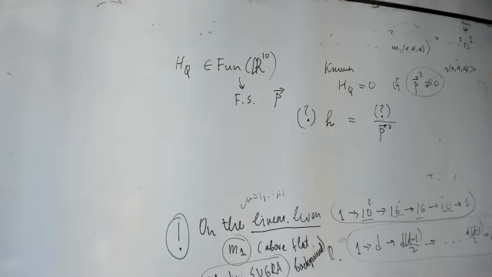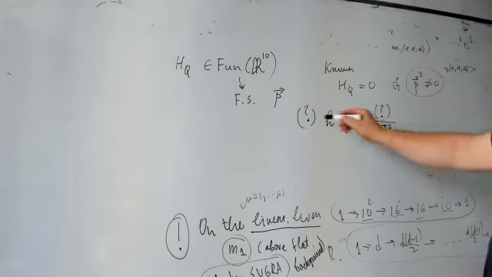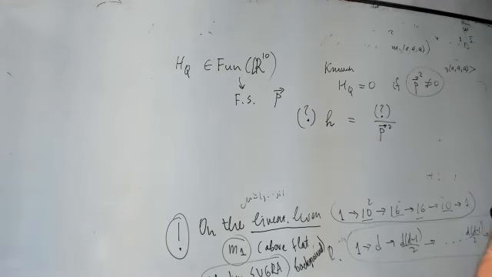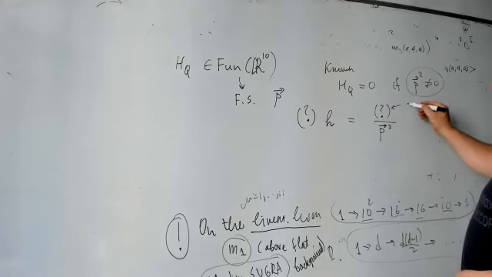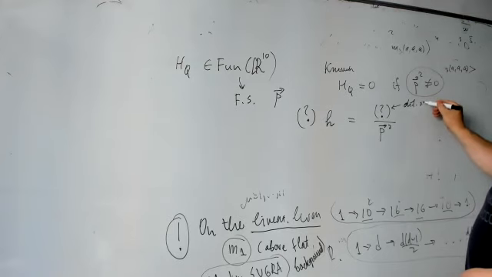It means that if p squared is not zero, such a homotopy exists. I intentionally put question marks because it's wishful thinking. And it would be nice if this would be a differential operator.